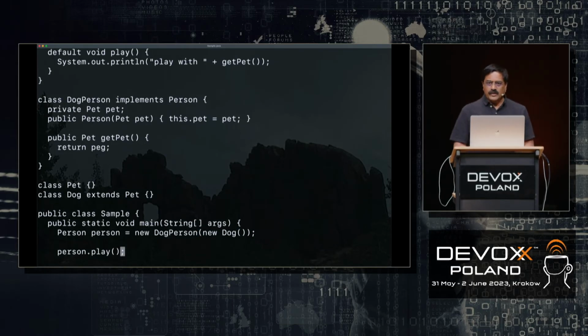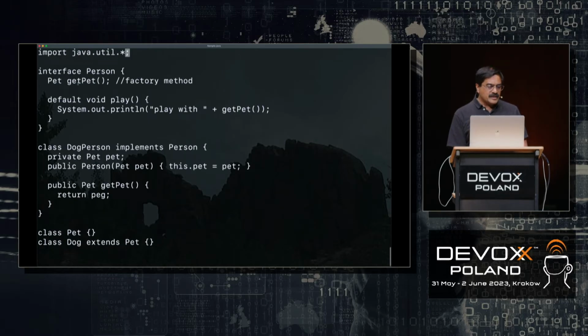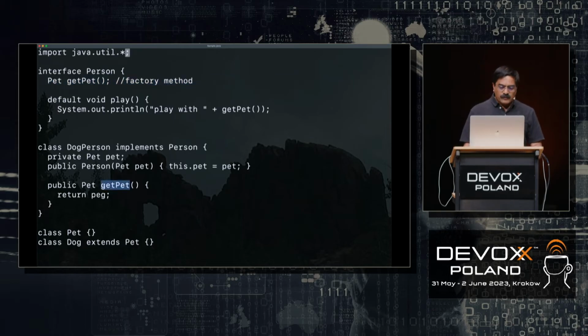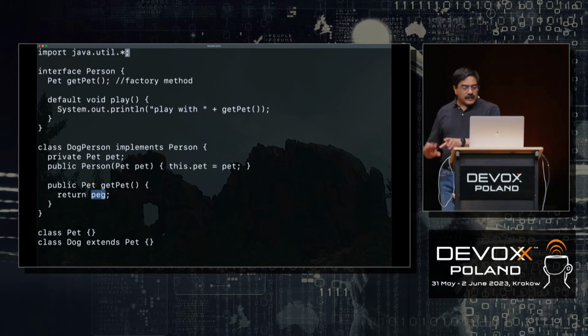So when you invoke this method, obviously, the play method here is going to call the getPet method, but the getPet method that you see up here is abstract, but because of polymorphism, that's going to call the method here on the dog person, which can then return the object. And similarly, you can create one for the cat as well. For example, for a cat lover, so you could potentially write different functions.